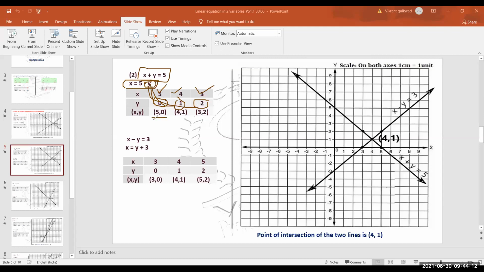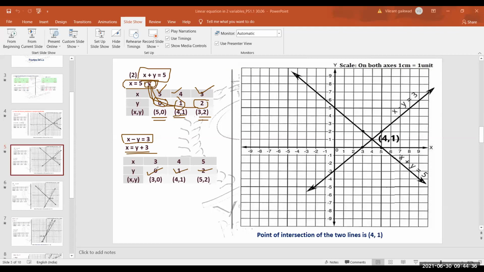So this set of points: 5, 0, then 4, 1, and 3, 2. Again, the same thing with the next equation, x minus y equals 3. So that is x equals y plus 3. Again, you will substitute in place of y, 0, 1, 2.